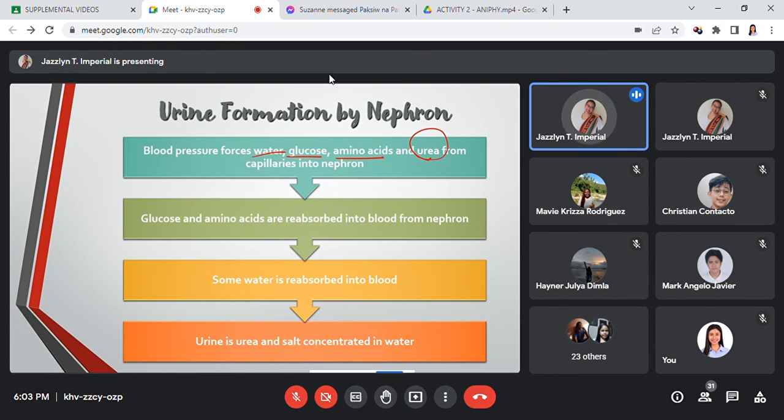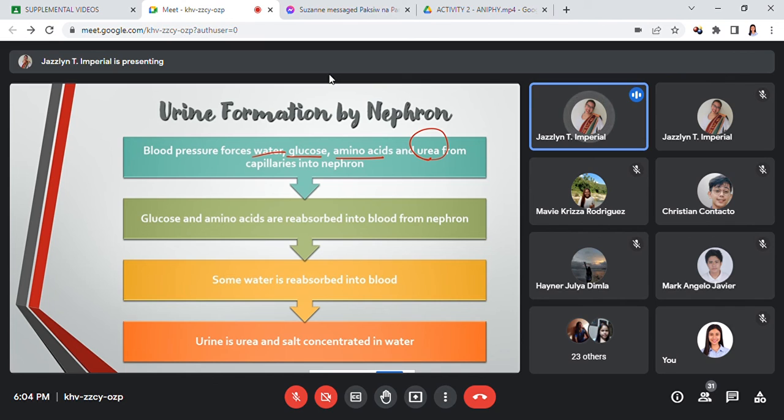Now, since the waste products, di ba, naiiwan siya sa nephron, kailangan siyang tanggalin sa katawan. So, kailangan nyo talagang umihi. Kung hindi, then nasa nephron lang yung inyong waste. It accumulates there and will later on destroy your kidney.